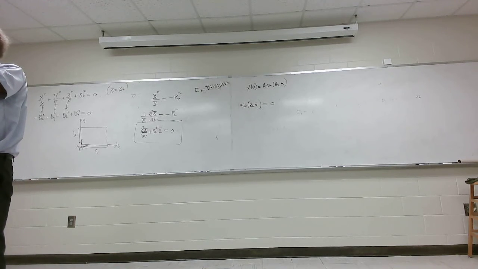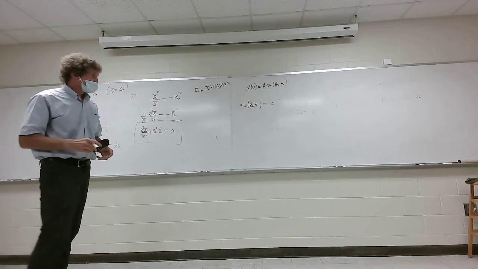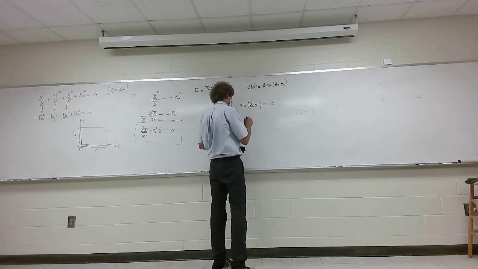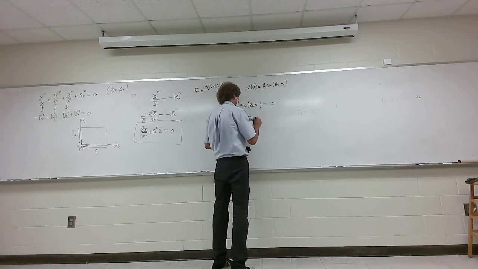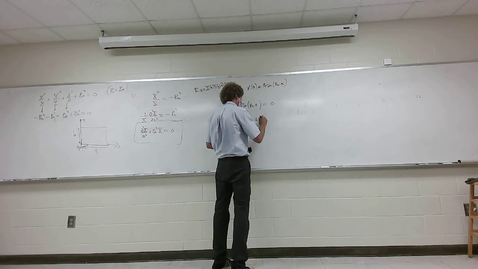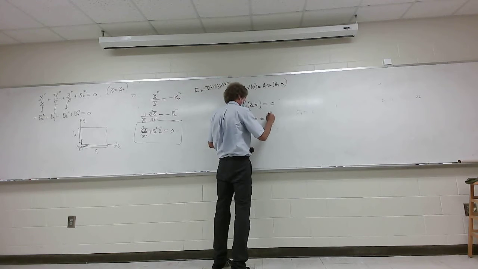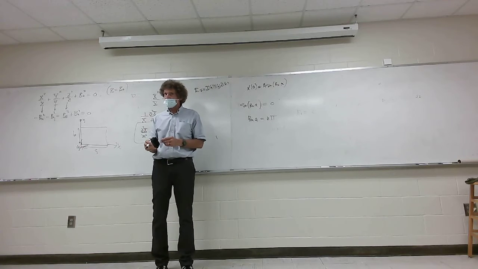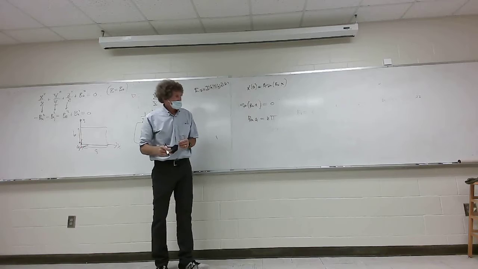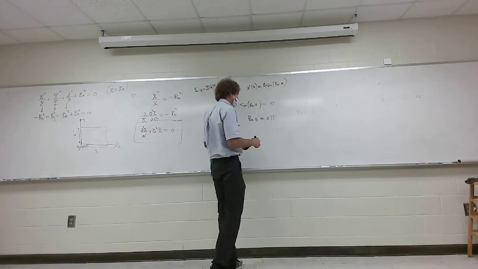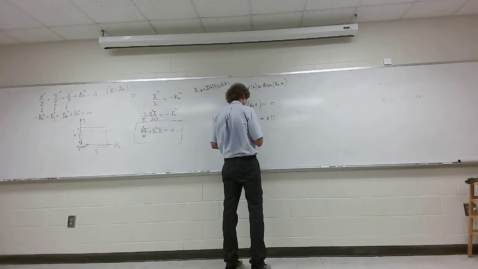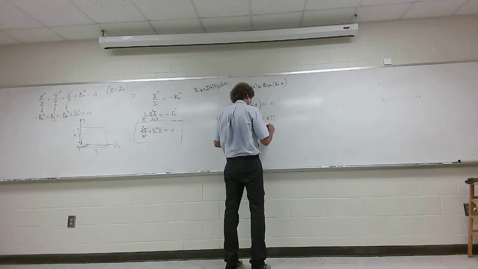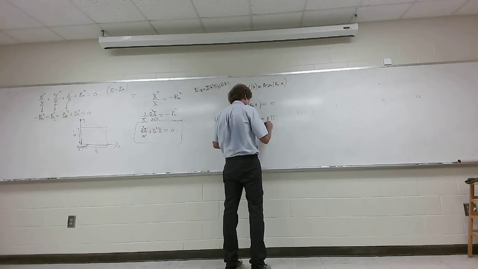You agree with that? Right? So now I can say that beta x times A has to be equal to n pi to meet that second boundary condition. Do you agree with me, class? All right, keep going on this one. What does that make beta x? It makes it n pi over A.